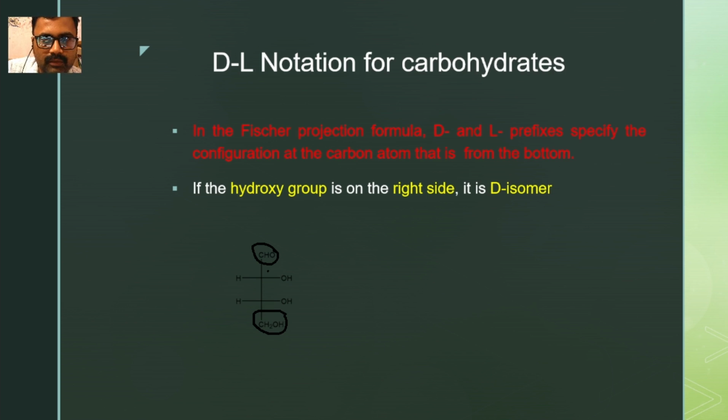So DL notation describes the stereochemistry of the second carbon atom from the bottom of the carbohydrate in the Fischer projection formula.